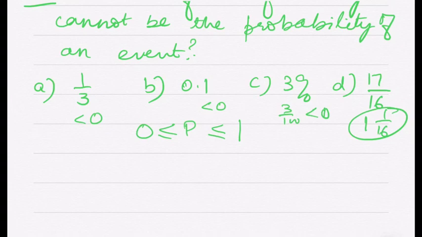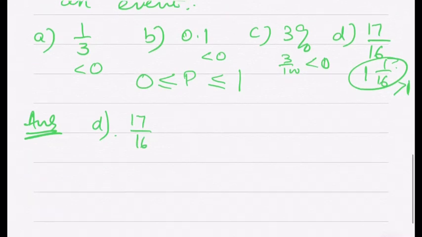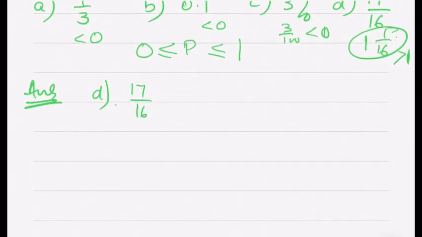This value is greater than 1. So then this won't be a possibility, because in the question we see cannot. So just take care, cannot or yes or no, those things sometimes we skip. So my answer will be D, 17 by 16. You should write both the things, the option as well as your answer.